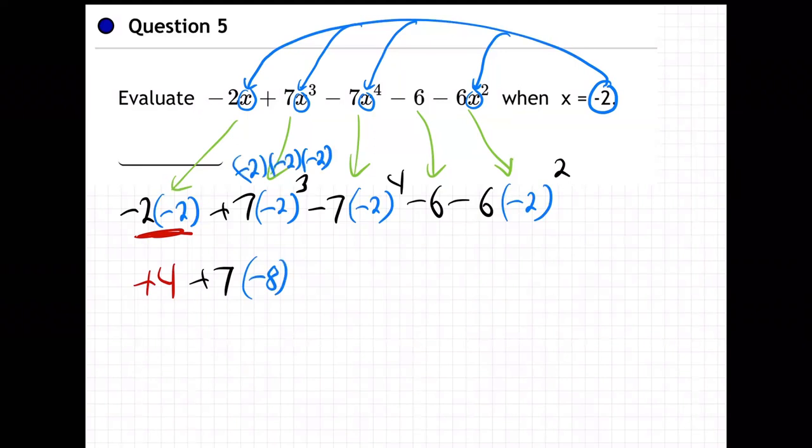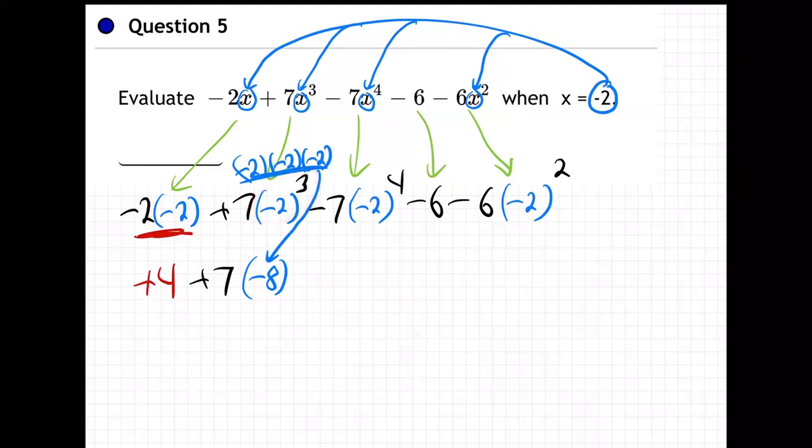And three negatives makes a negative, right? Because 2 negatives makes a positive, but 3 negatives is back to negative. And why is it 8? Well, 2 times 2 is 4, times 2 is 8. So it's -8.